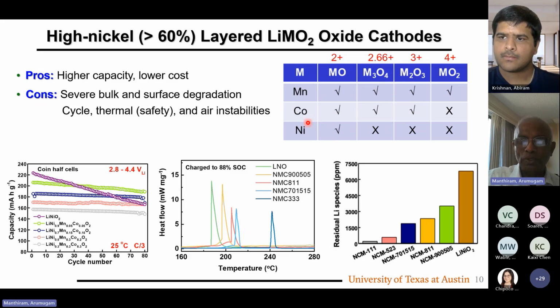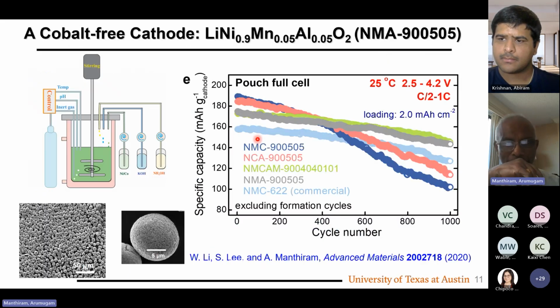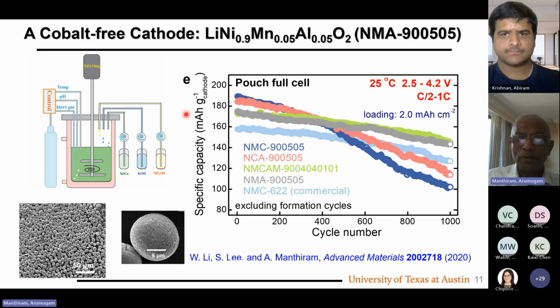That's what we do. So I'll quickly go over one example here. We make our own material using a tank reactor. We buy only the raw material. We make 12 micron secondary particles, as you see here. Any composition we can make. I show you a bunch of compositions here. Everything has nickel around 90%. That's why you see 90, the first number. The NMA means there is no cobalt, only 5% aluminum and 5% manganese, and then 90% nickel.